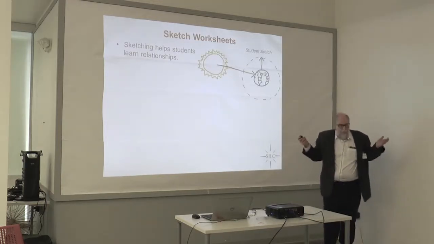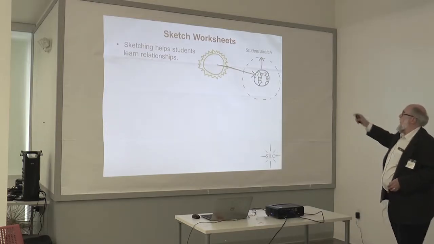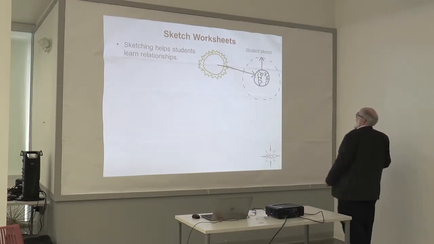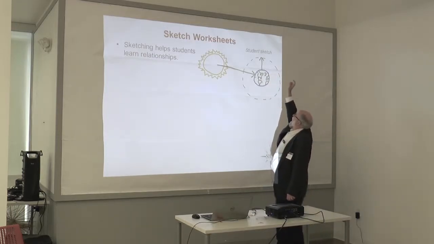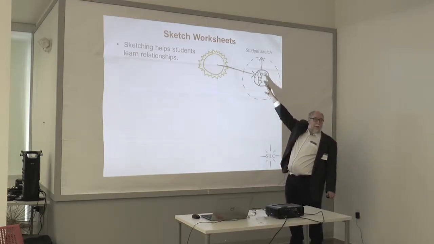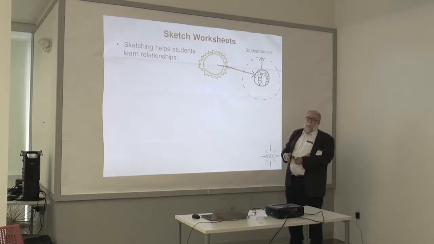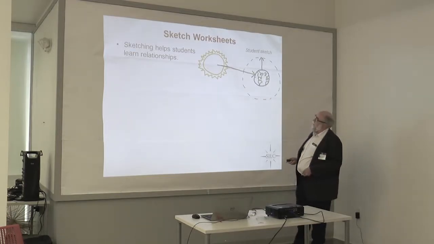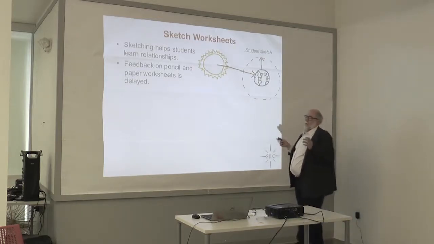So sketching is, of course, a great way of describing relationships. This is a problem from Andy Jacobs' geoscience class. The sun is radiating, the earth irradiates heat, and the student here so far is missing the idea of the greenhouse effect, where the atmosphere radiates back to the earth. So they're a great way of communicating things, but the feedback is delayed.